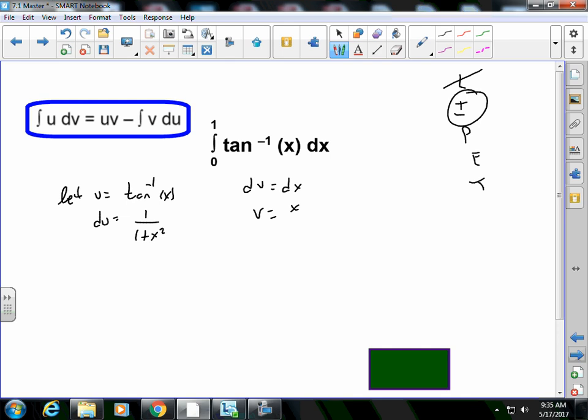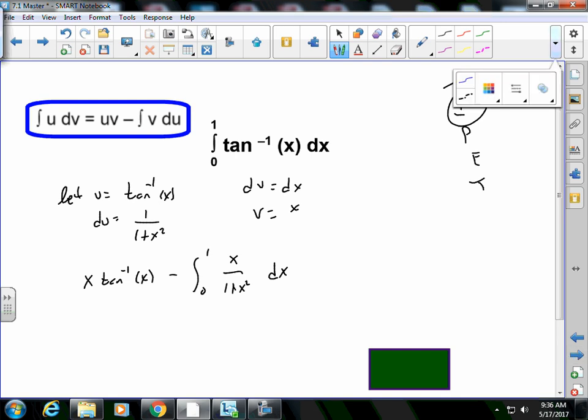Using my integration by parts formula, u times v, x arctan of x, subtract, integrating from 0 to 1, x over 1 plus x squared dx. Now, what do I do?